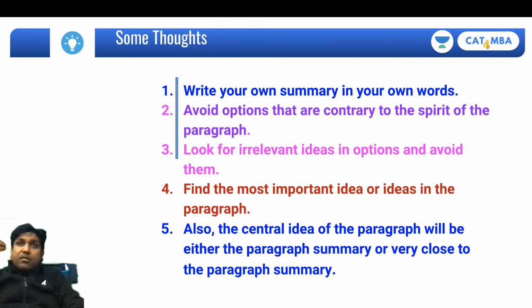Now this is something which is very relevant. For example, if the first half of an option has a word which pits it directly opposite to the paragraph given, then you have to decline that option in the first go itself.